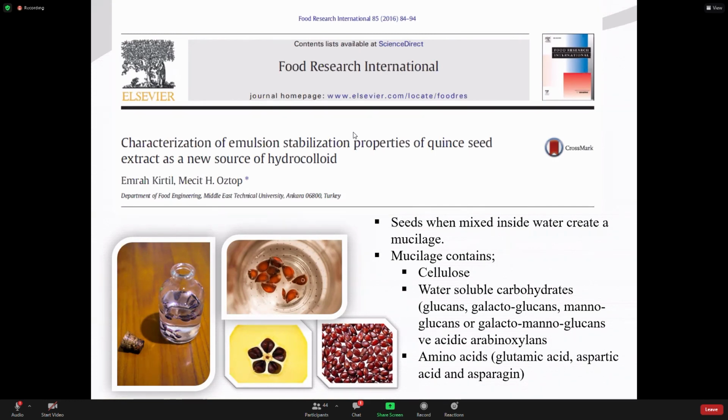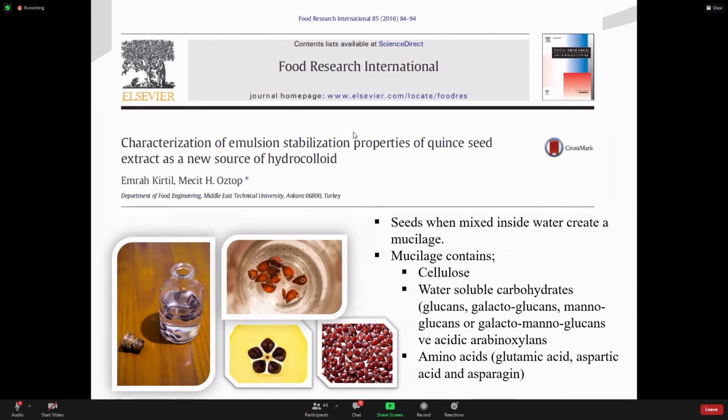Emulsifiers are important in the stabilization of emulsions, and the food industry continuously seeks ways to find natural emulsifiers that are capable of stabilizing the emulsion, because there are also synthetic emulsifiers.